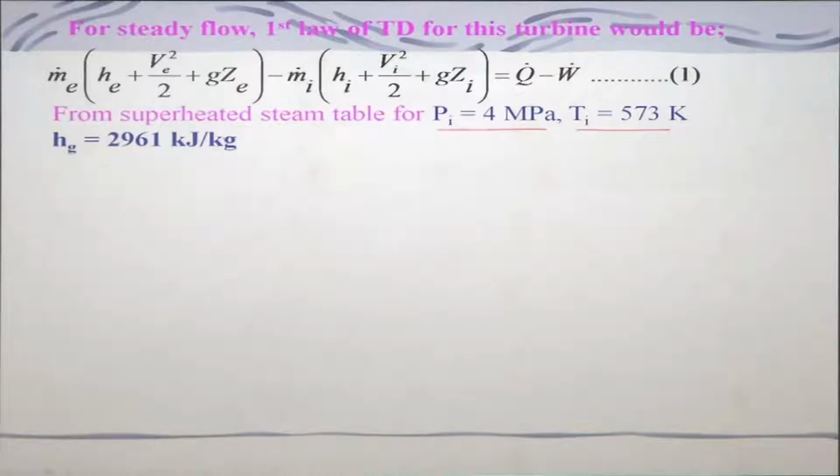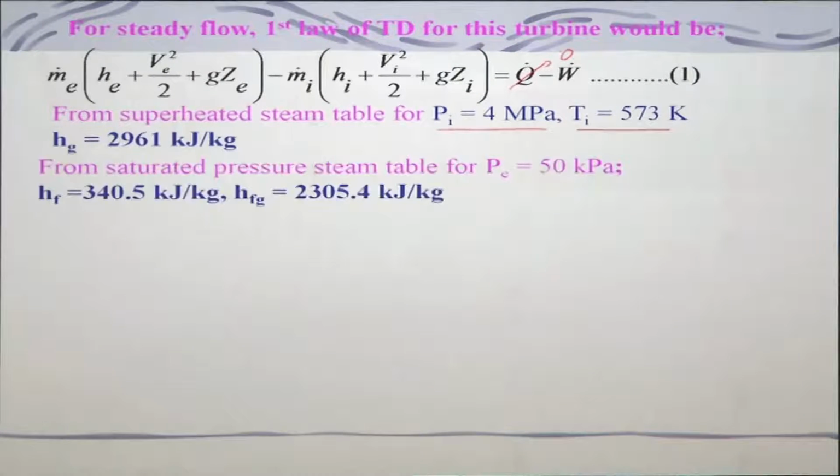Keep in mind that in the steady flow equation we had neglected the kinetic and potential energy terms, but here we are keeping them. However, we will make the heat term 0 because it is an adiabatic turbine.